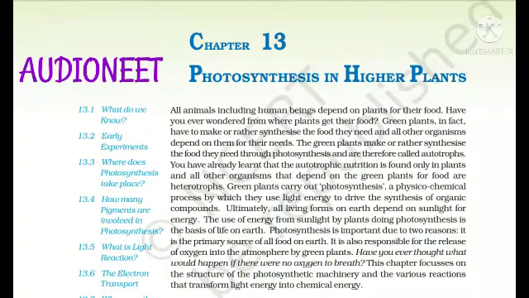It might help you understand if we look at what goes in and what comes out of the Calvin cycle: in, 6 CO2, 18 ATP and 12 NADPH; out, 1 glucose, 18 ADP and 12 NADP.